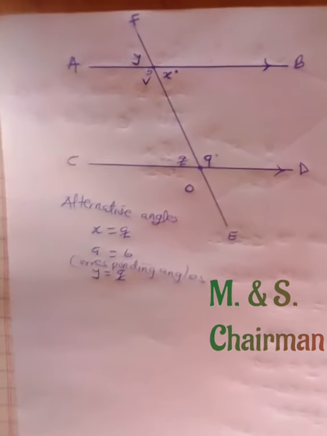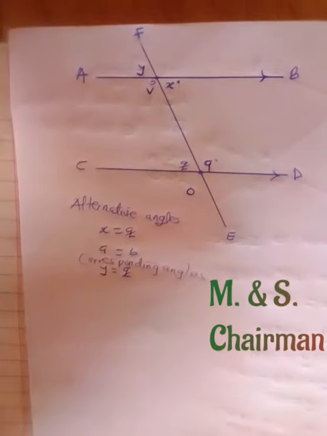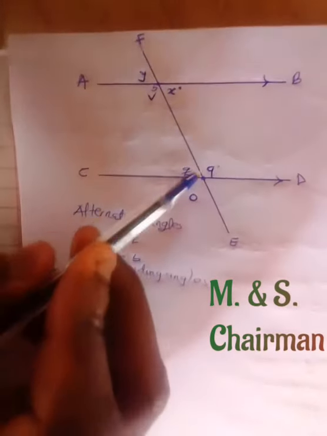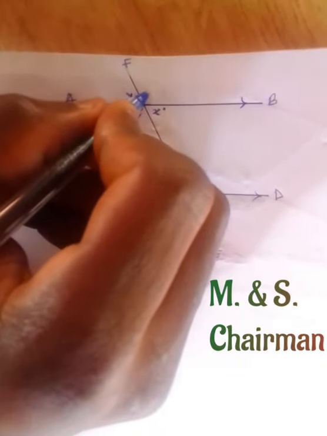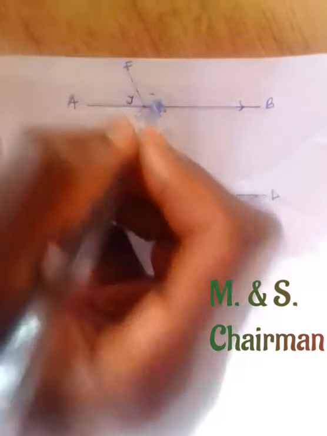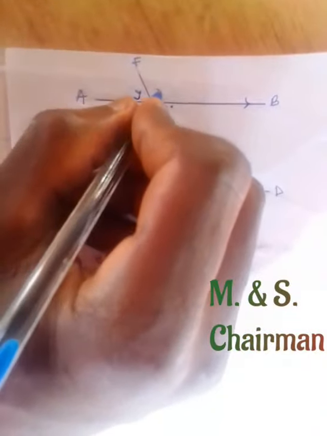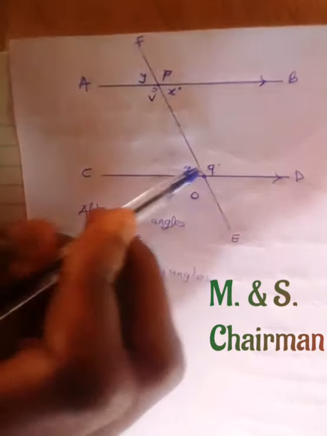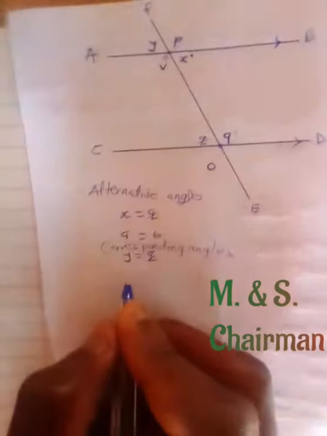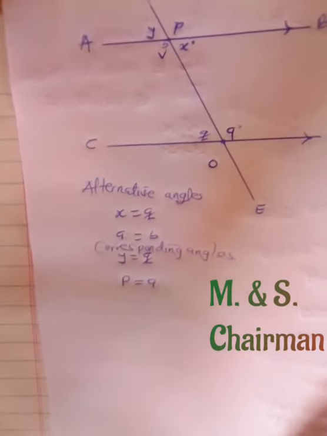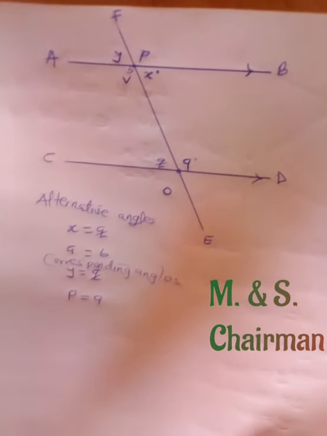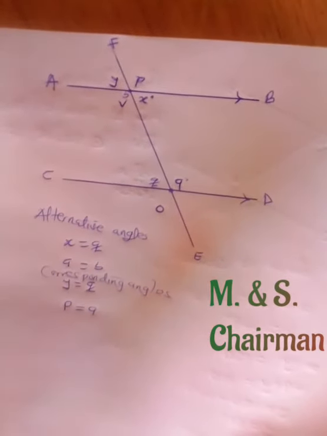Don't mind my handwriting. If I want the angle that corresponds to the A here, I have to come and locate this place, which I will say is my P. So the P corresponds to A. So P is equal to A because corresponding angles are equal.